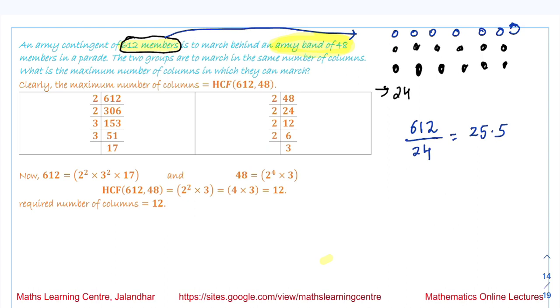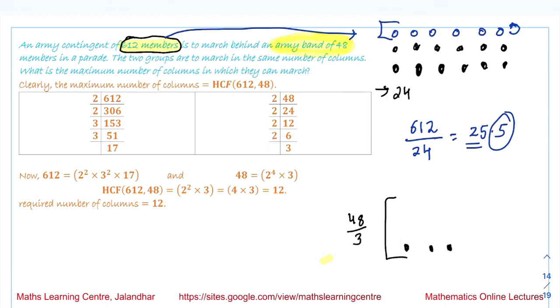It means the number of rows is 25, and then some of the army men will be left and will not fill the columns completely. Now suppose in place of this they are moving in, say, 3 columns. So how many rows of the band will be formed? It is 48 by 3.